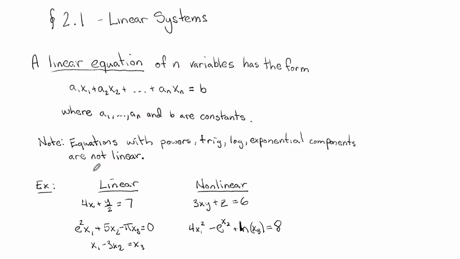So some examples of linear equations: 4x plus y over 2 equals 7, e squared x1 plus 5x2 minus pi x3 equals 0, and x1 minus 3x2 equals x3. Some things I wanted to emphasize: notice that e squared and negative pi.